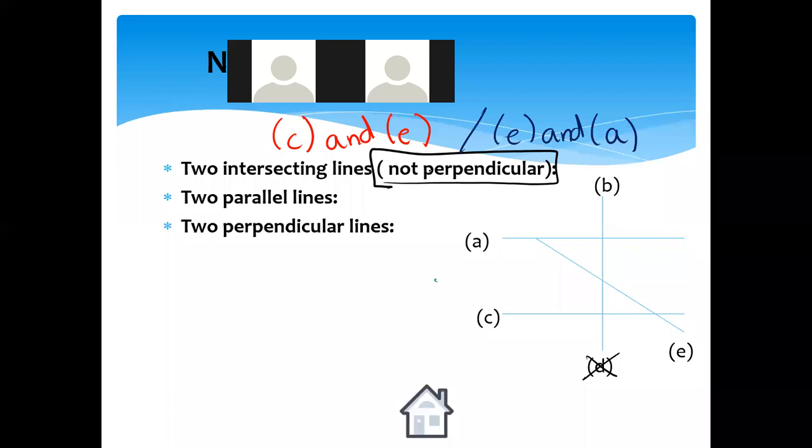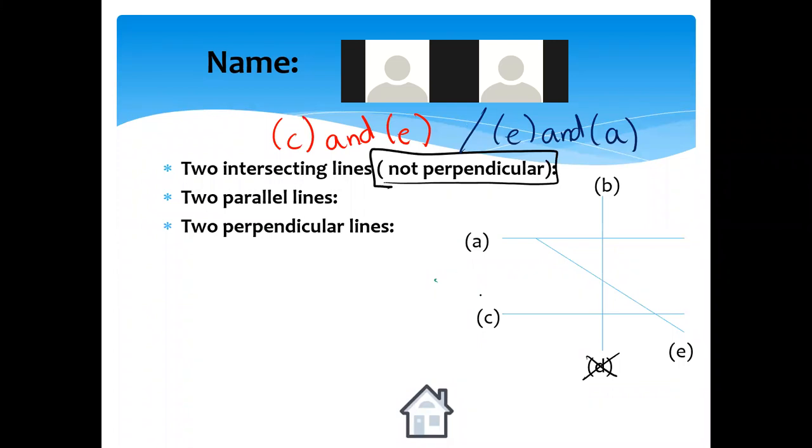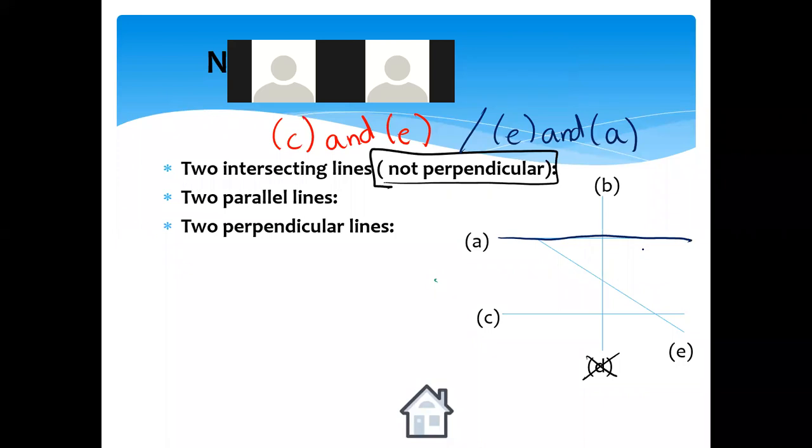Parallel lines are facing each other, opposite to each other, like the road. The C and the A. Bravo Leia. Line A and line C are parallel lines. Do we have more parallel lines? No. Excellent. Just A and C are opposite to each other and they never meet.